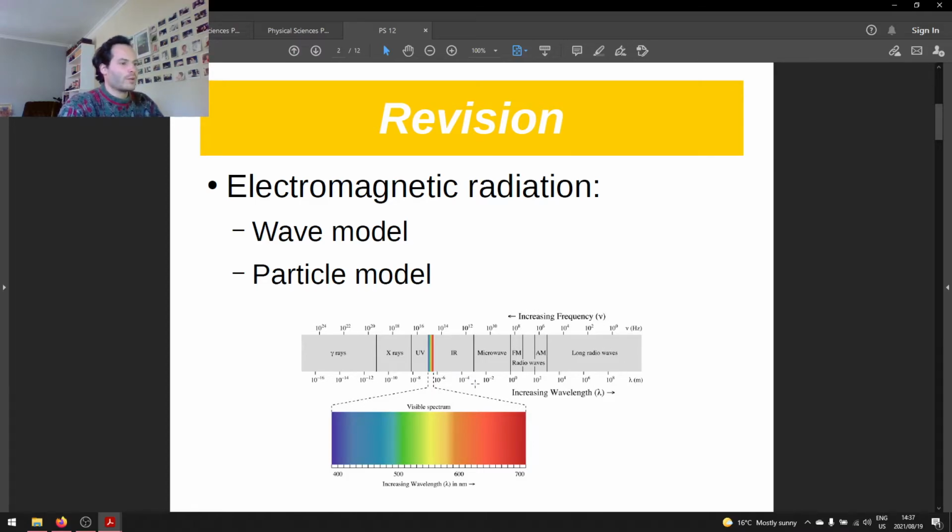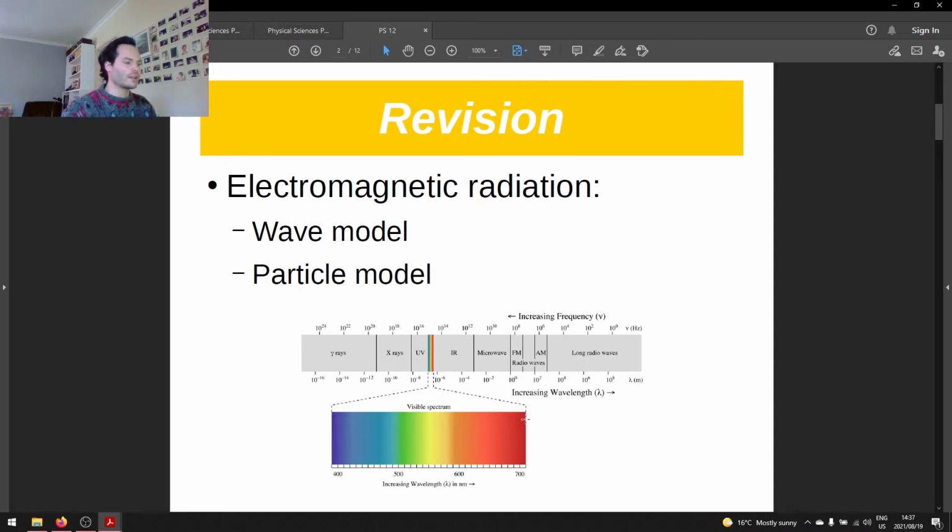And then my wavelength just works the opposite way to that. If I've got a shorter wavelength, I've got a higher frequency and thus a higher energy for the photon. If I've got a longer wavelength, my frequency is lower, therefore I've got a lower energy for that photon. We can see here with my visible light as well, my wavelength increases as I move towards the red side and decreases as I go towards the violet side.